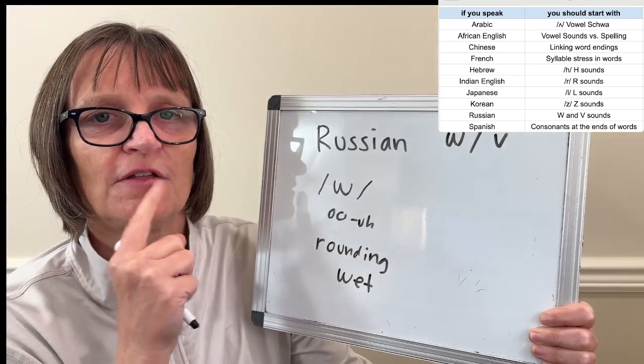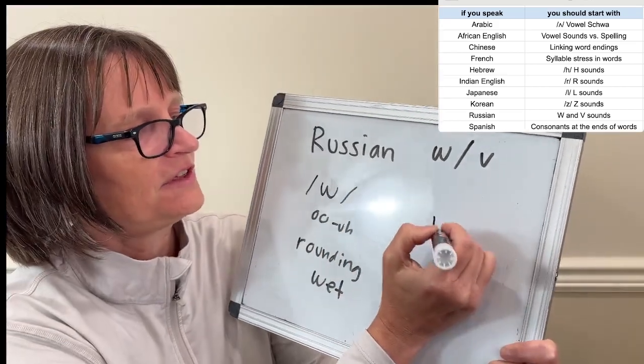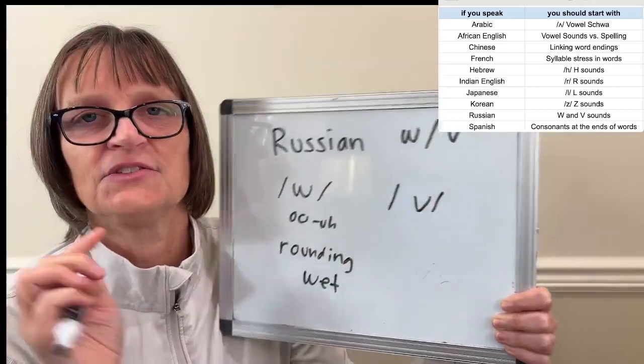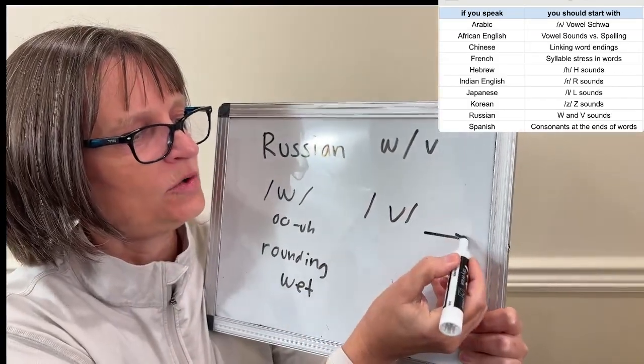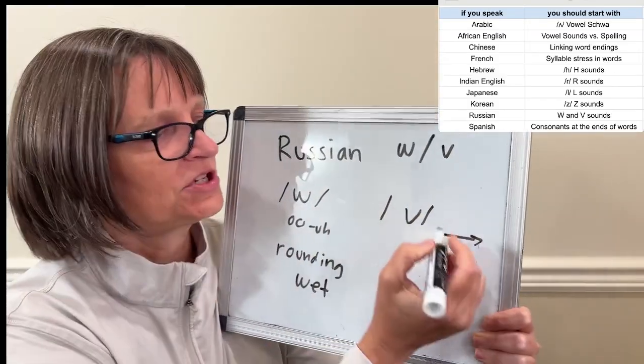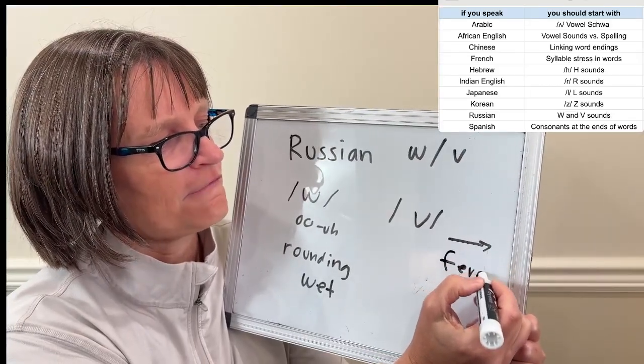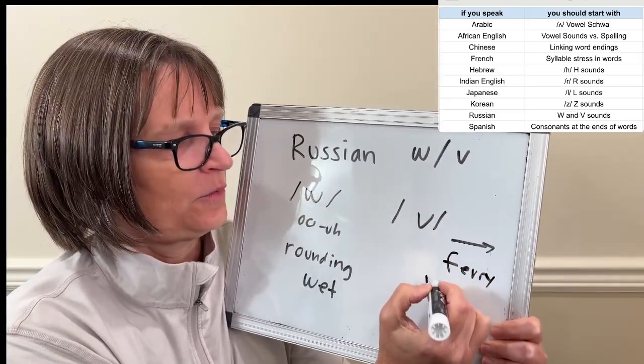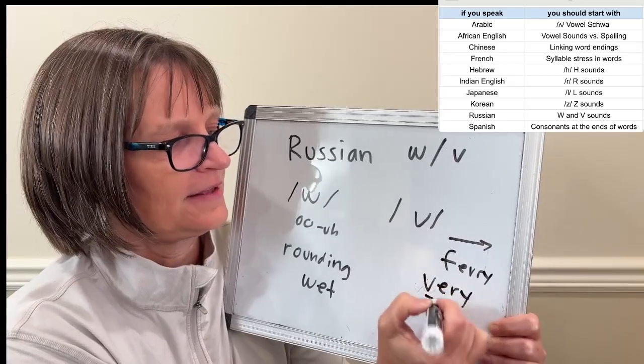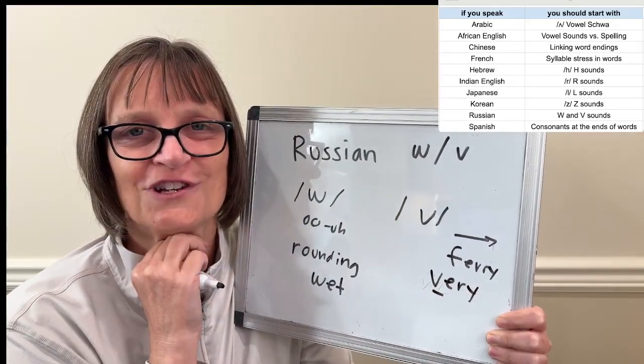You can hear the W sound, versus the V sound, which is a continuing sound. I can hold it. My mouth is in the same position for the V as it is for the F sound. So I have the word fairy and the word very. The V is just a voiced version of the F sound.